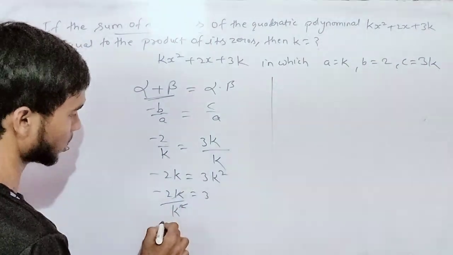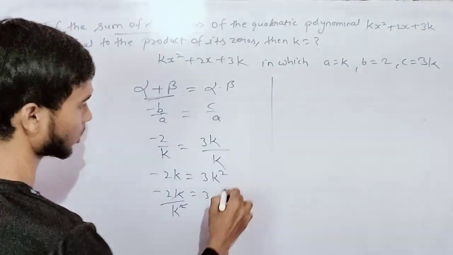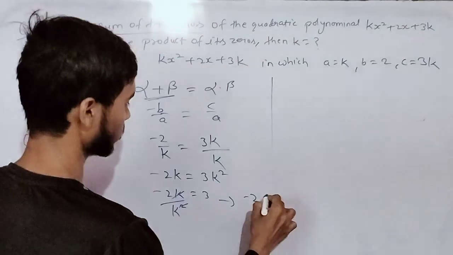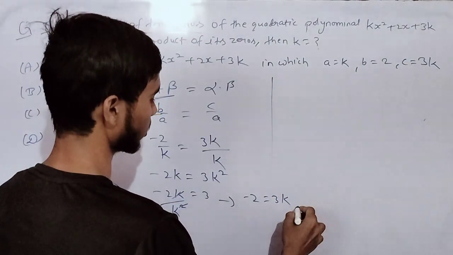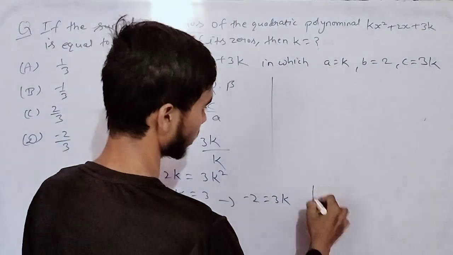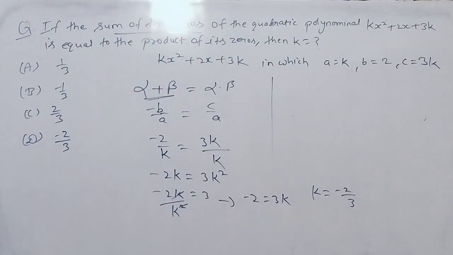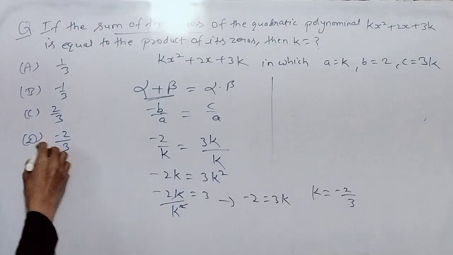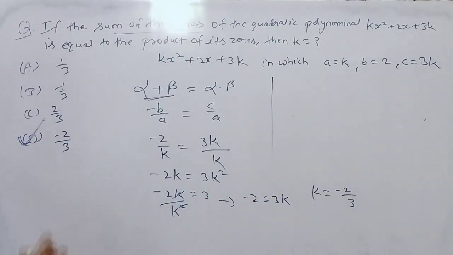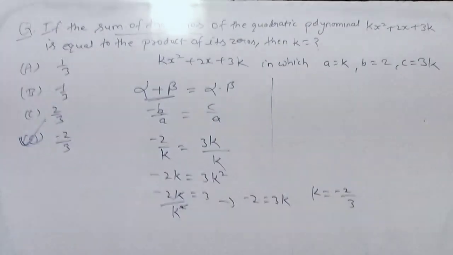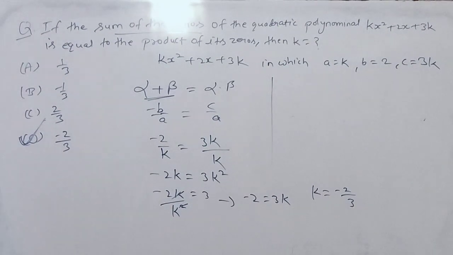This will cut. Again we are getting -2 is equal to 3k. And now k came as -2 upon 3. So finally k came as -2 upon 3. That's how you will find it.